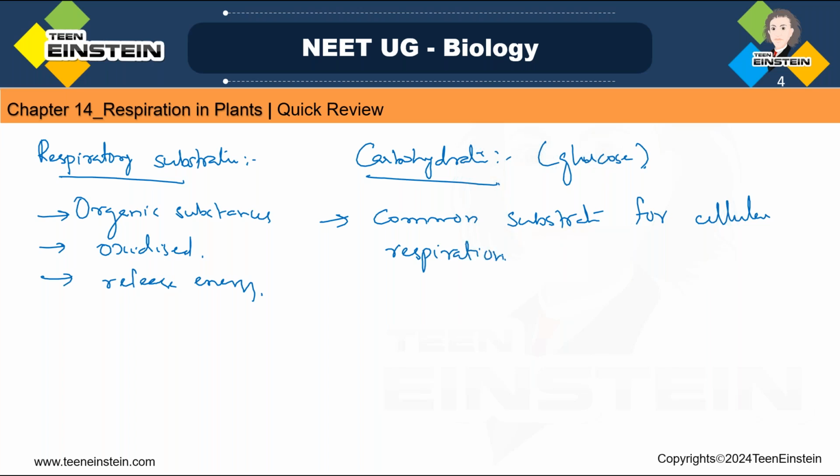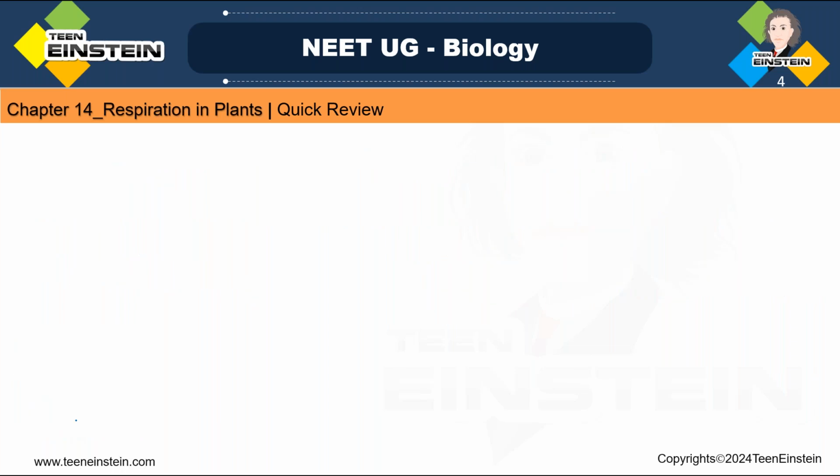Glycogen and other forms of sugars, other than glucose, are broken down to glucose and consumed in glycolysis. And here we need to learn about different types of respiration.